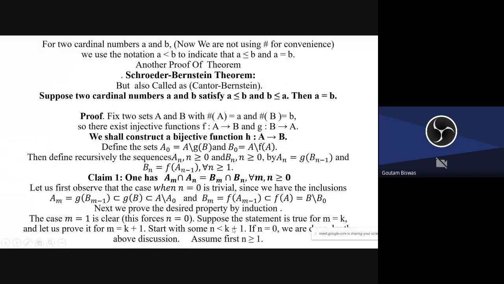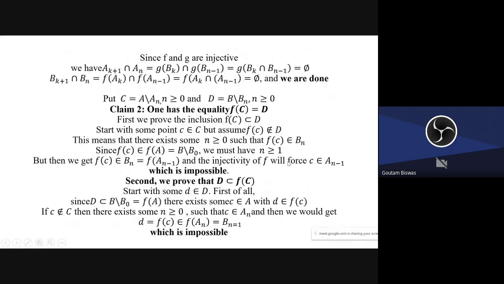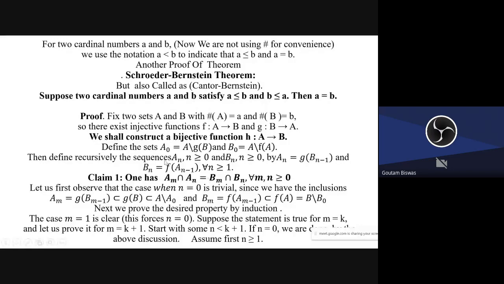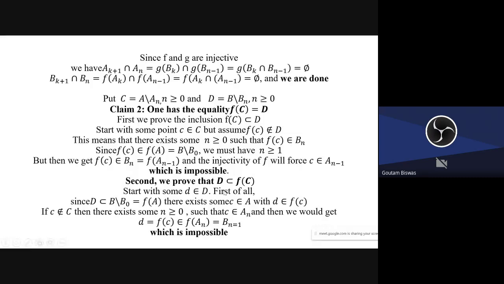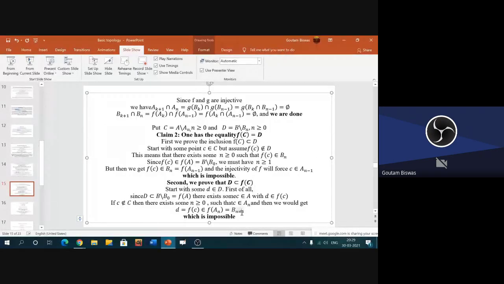It will be An, f of An, and here is Bn. So here it would be n minus 1, but here it is n plus 1. Okay, make the correction. Plus 1. Okay, so which is impossible.